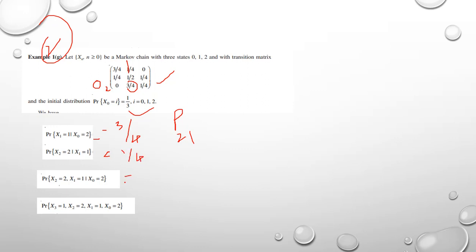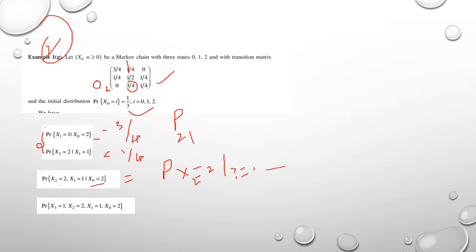Now I need this. How can we write it? We can write it as probability of X2 equal to 2 given X1 equal to 1, multiplied by the probability of X1 equal to 1 given X0 equal to 2, then by the initial probability of X0 equal to 2.